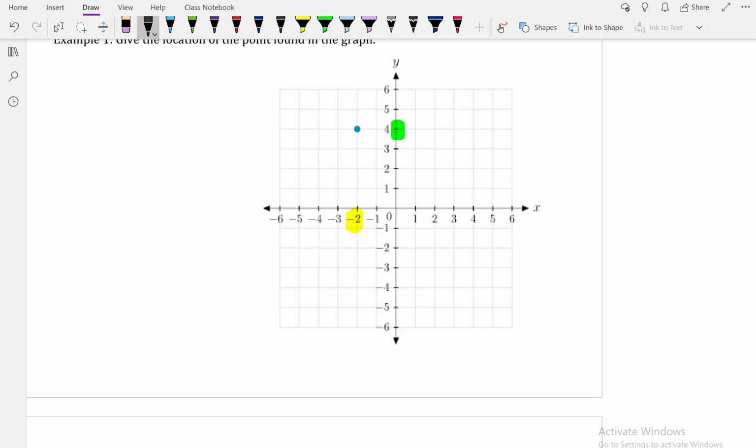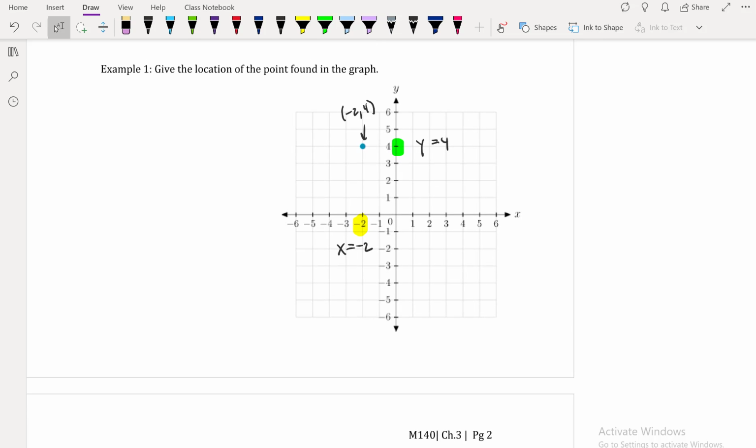Where those points come together is here. So I have my x value as -2 and my y value as 4. So this ordered pair is -2, 4. So the location where you can find that point is -2, 4. That is what we are asking for.